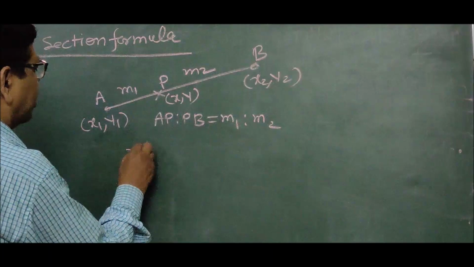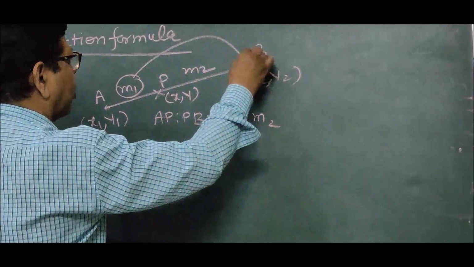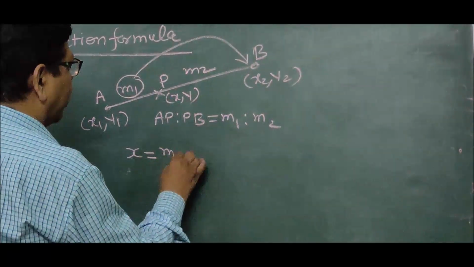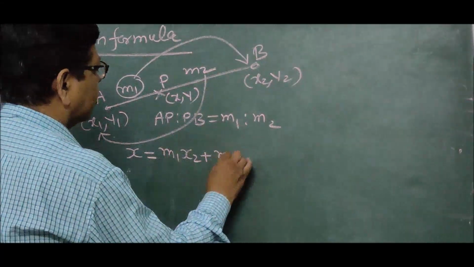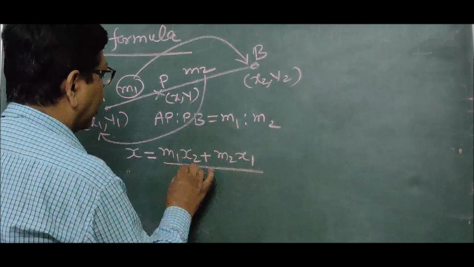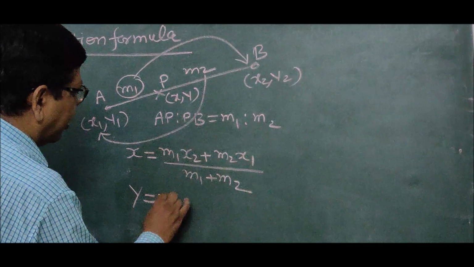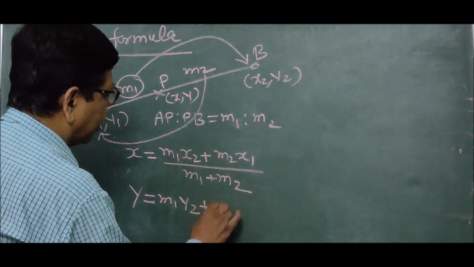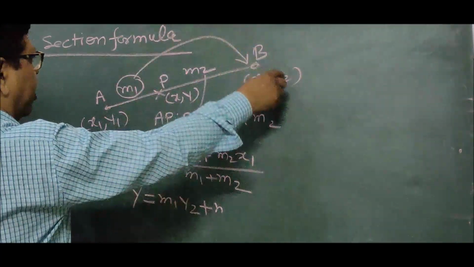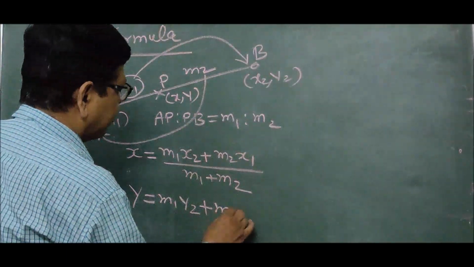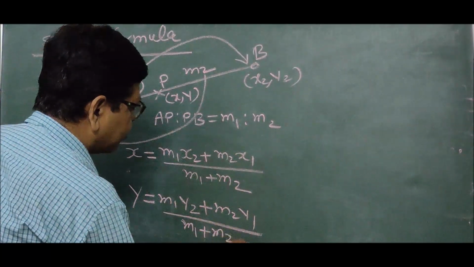Then x coordinate is equal to m1 into x2 plus m2 into x1 divided by m1 plus m2. Y coordinate is equal to m1 y2 plus m2 y1 upon m1 plus m2.